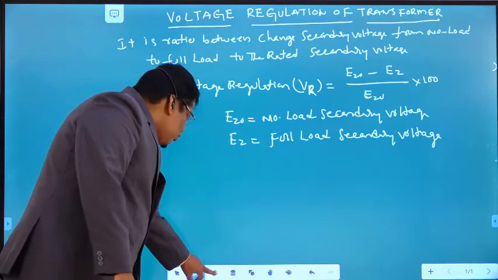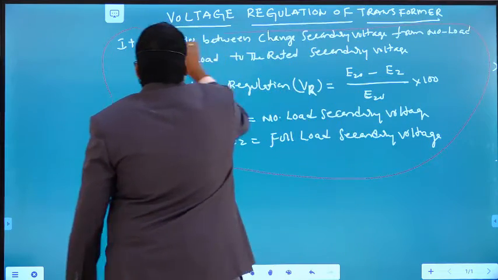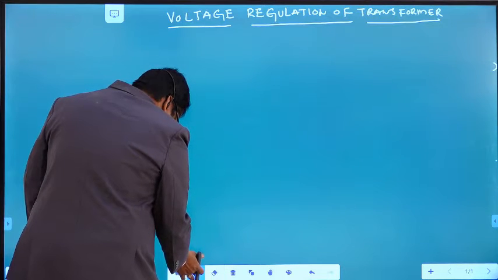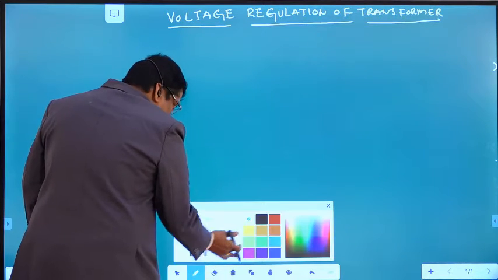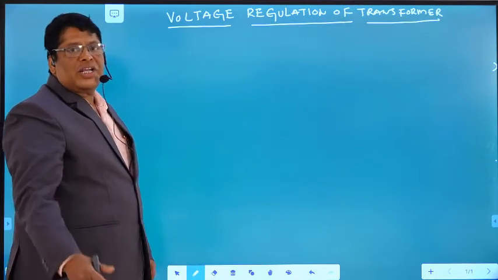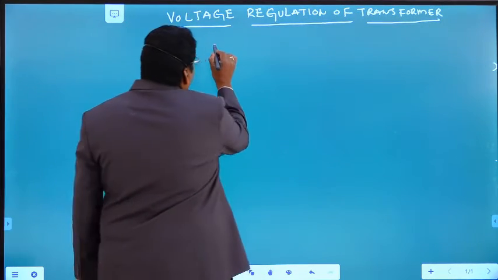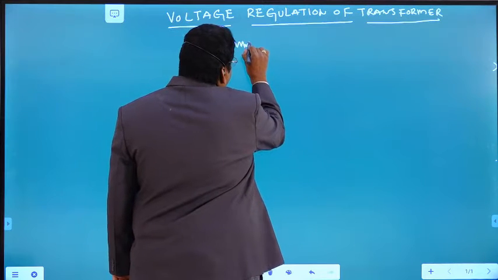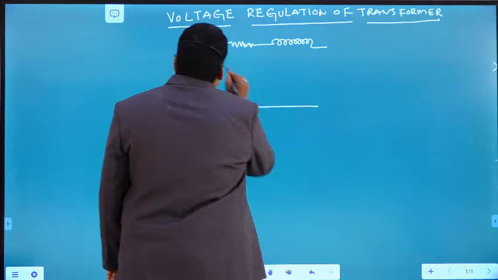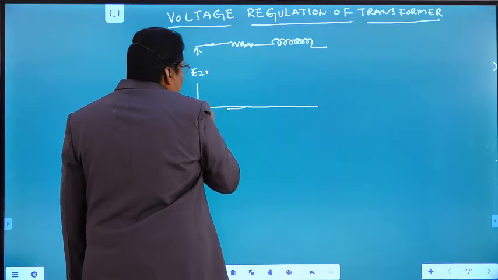To derive the expression for the voltage regulation in a transformer, let's take the equivalent circuit of the transformer referred to the secondary. This is RE2, this is XE2, this is E2 naught, the no load voltage.